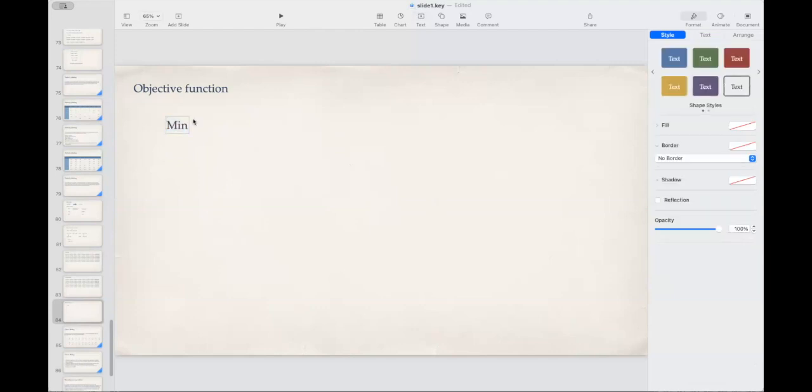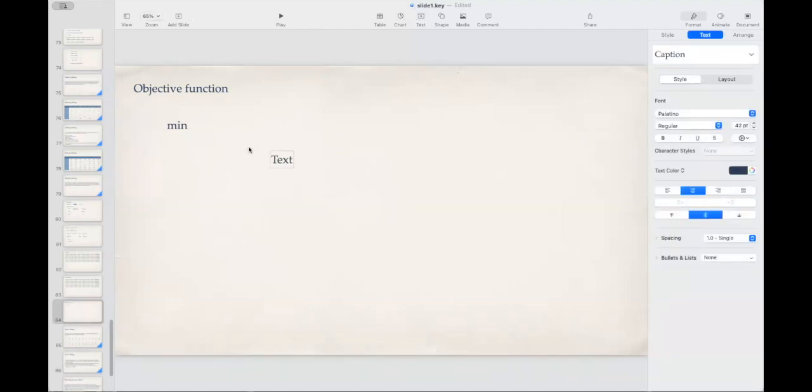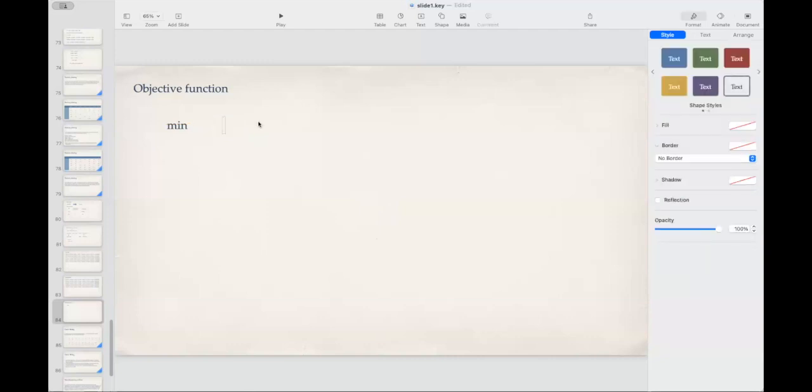In that case, minimize. What is the cost? 0.5, right? Per unit per month. So this term with what? Stock. Is stock S or T? T, right? T-i-j. Yes.